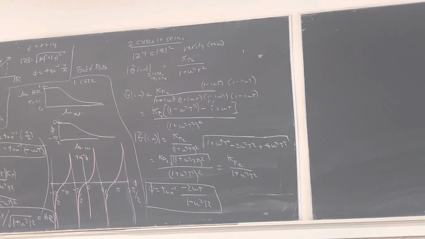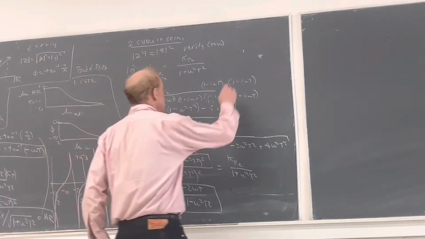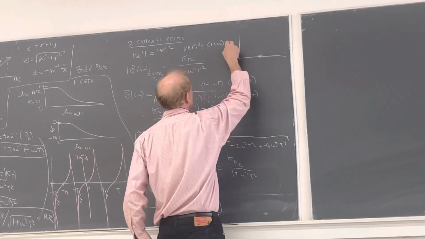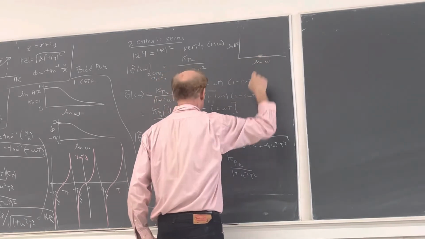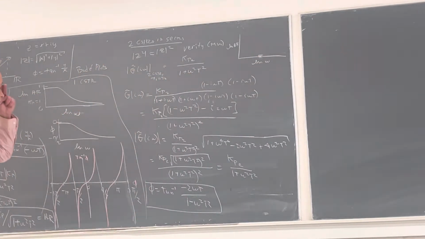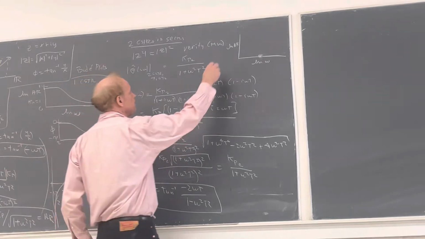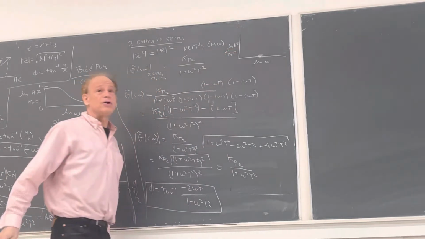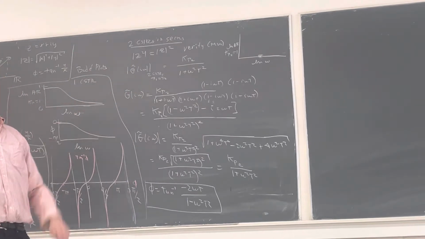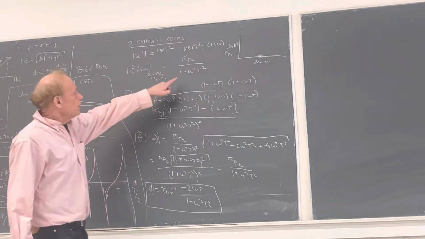And now let's make the Bode plots. I've got the log of the amplitude ratio versus the log of omega. And let's see what that looks like. Again, this is for Kp squared equal to 1, otherwise I just multiply the y-axis by Kp squared. What happens when omega is 0?